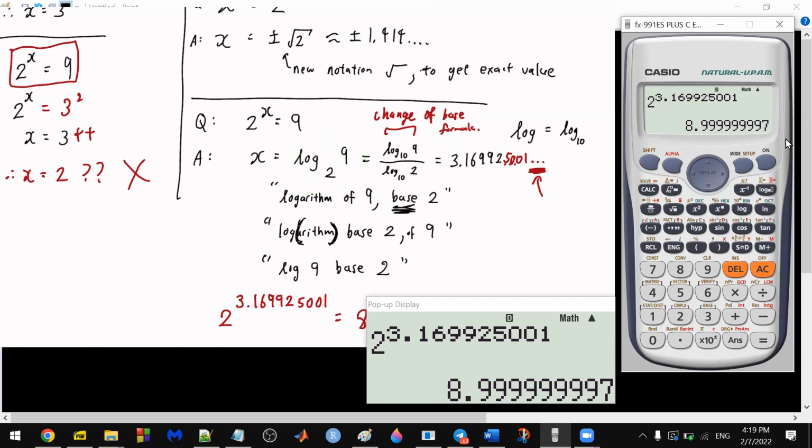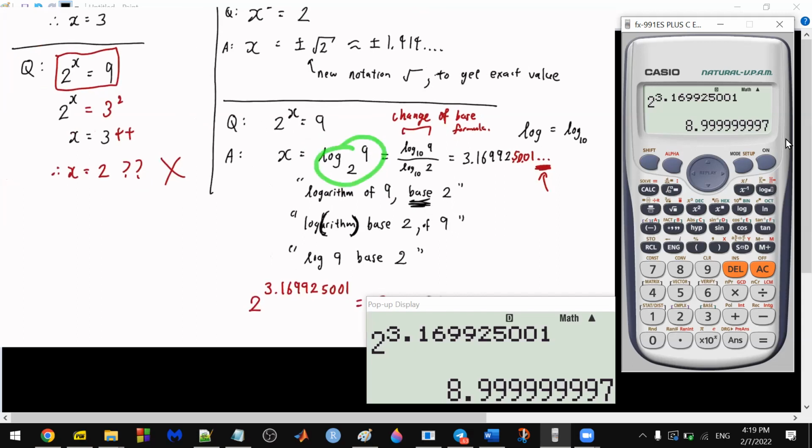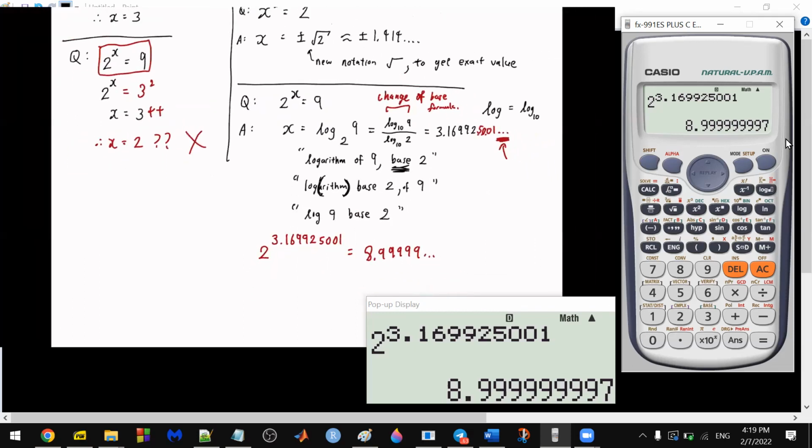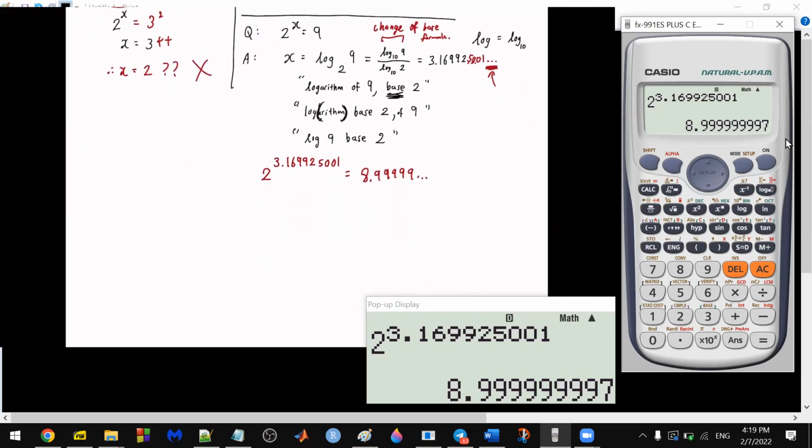Now I'll explain how exactly I got this notation. Before we continue, I should just give you examples. Over here, I write down again 2 power x equals 9.